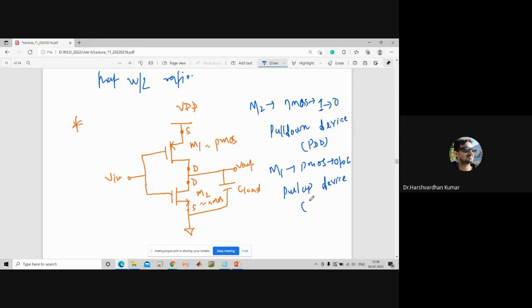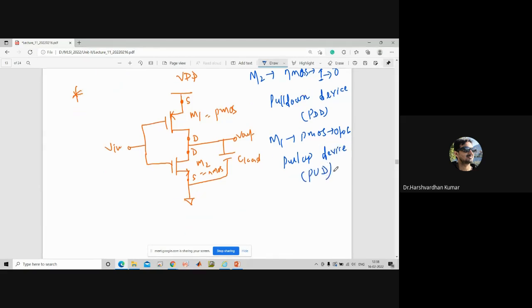So we can call it a PUD. So if you see the circuit above the output terminal, this is the pull up device and this one is the pull down device.